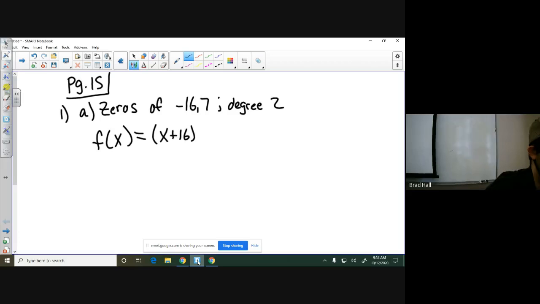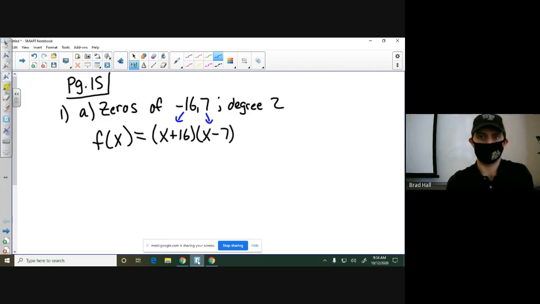So that's why -16 contributes to that whole factor, and then 7 contributes to this factor. And notice I changed the sign. So -16 in the factor becomes x plus 16, and 7 will contribute towards x minus 7. I'm changing the signs in every situation.